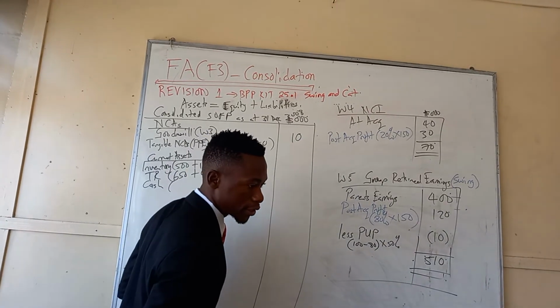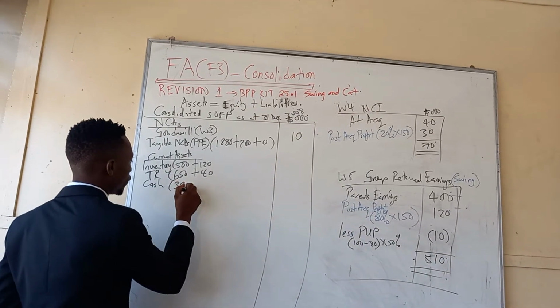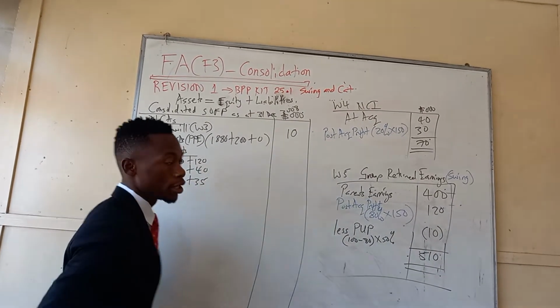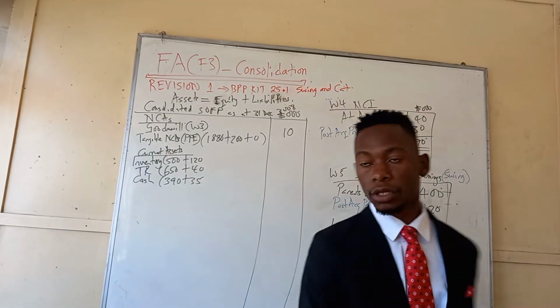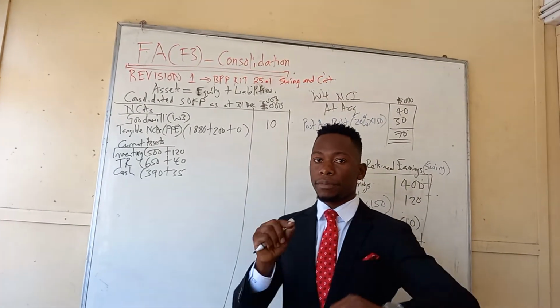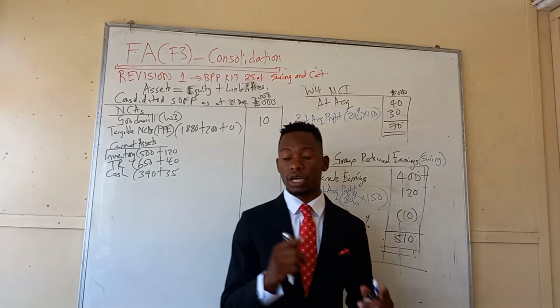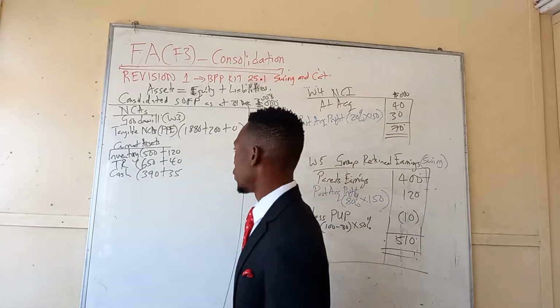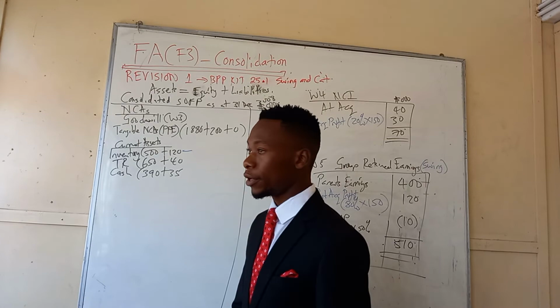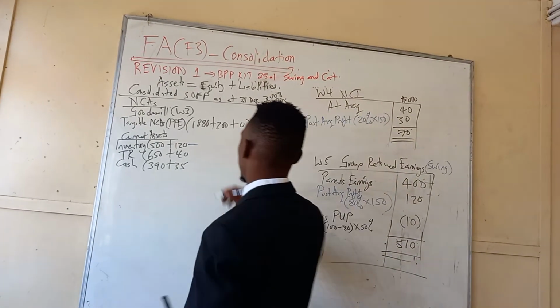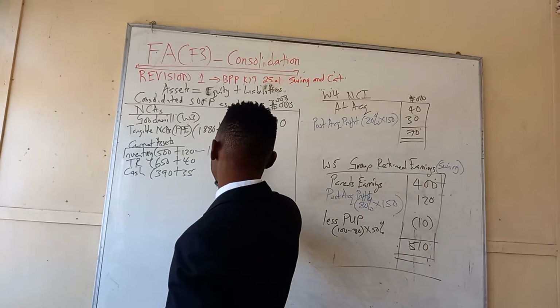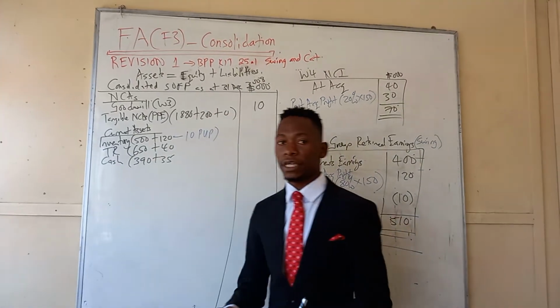You add, that's 390 and 35. Before you close off, on inventory, remember there was the profit that was made by the one who sold the goods. So we must remove the PAP, and we've calculated the PAP, and our PAP was 10. So you less the PAP, less 10.